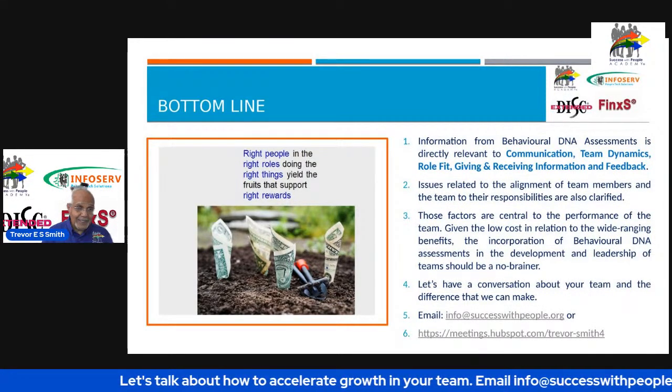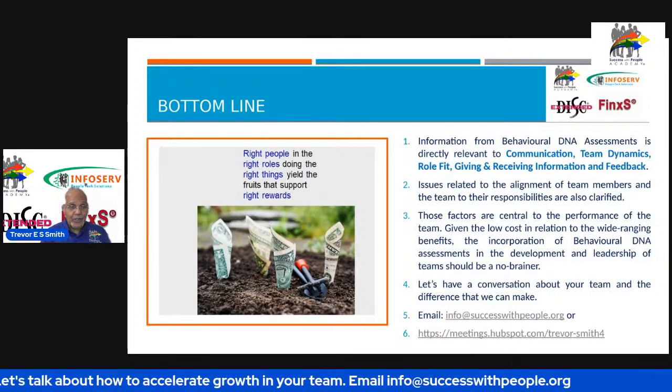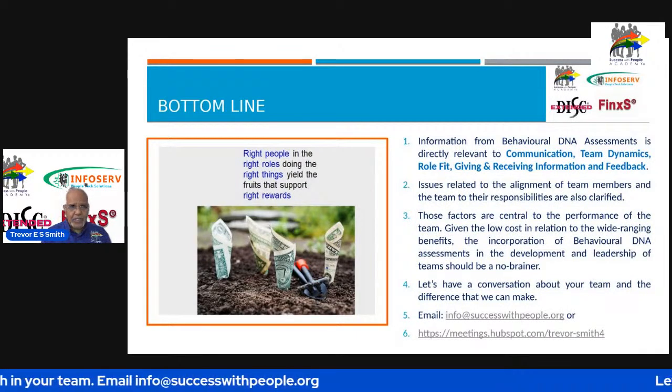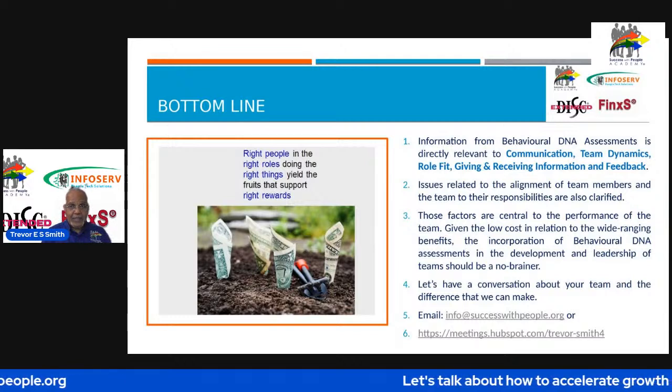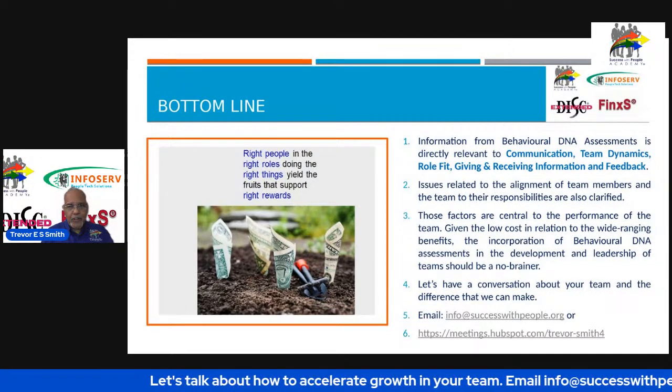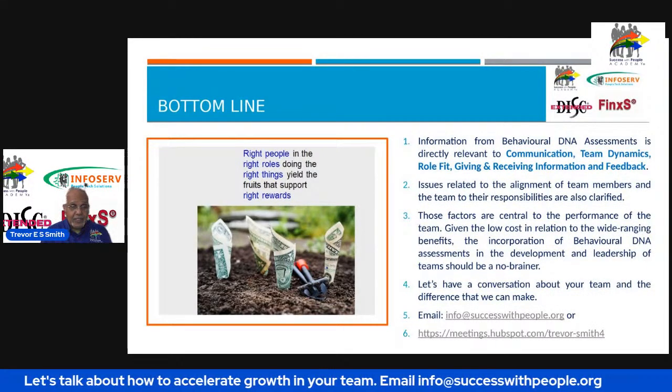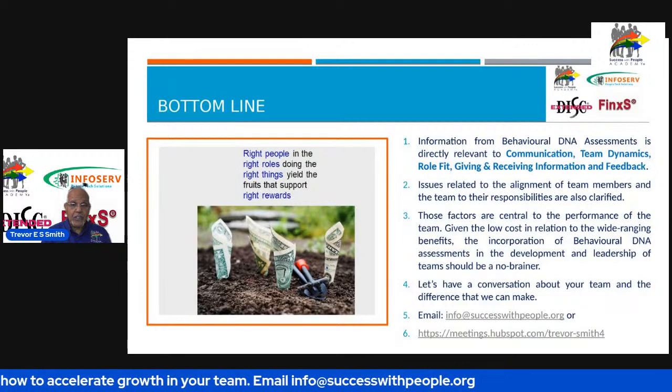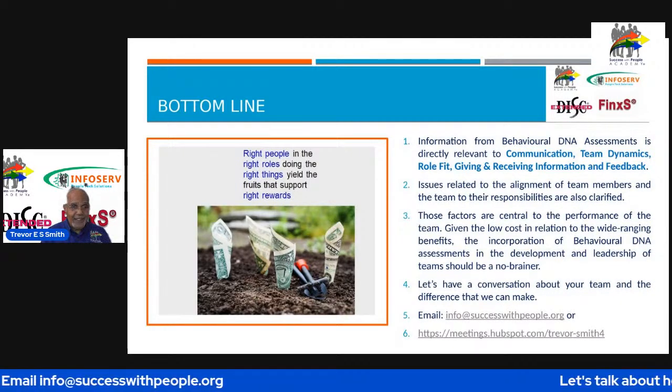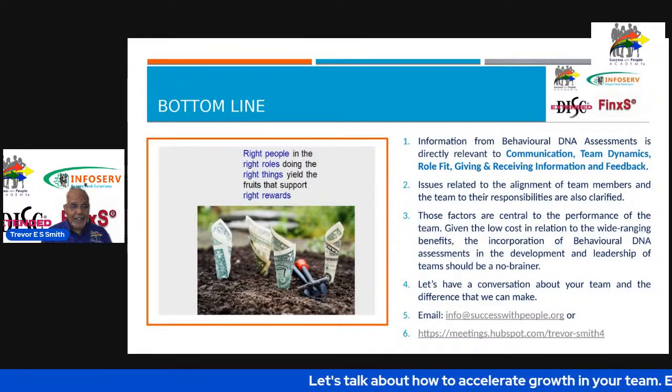It impacts giving and receiving instructions and feedback. And so issues related to the alignment of teams and their members are also clarified. So those factors go to the core of performance. And so we are suggesting that teams should incorporate access to behavioral DNA assessments for growth and development and for enhancement of their performance. It should be a no-brainer.